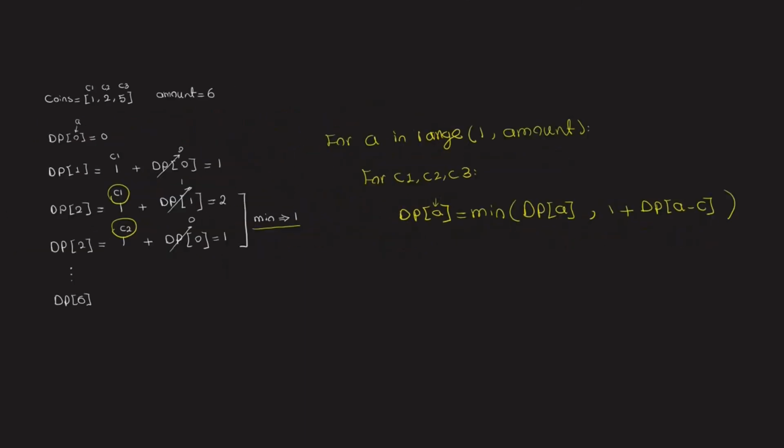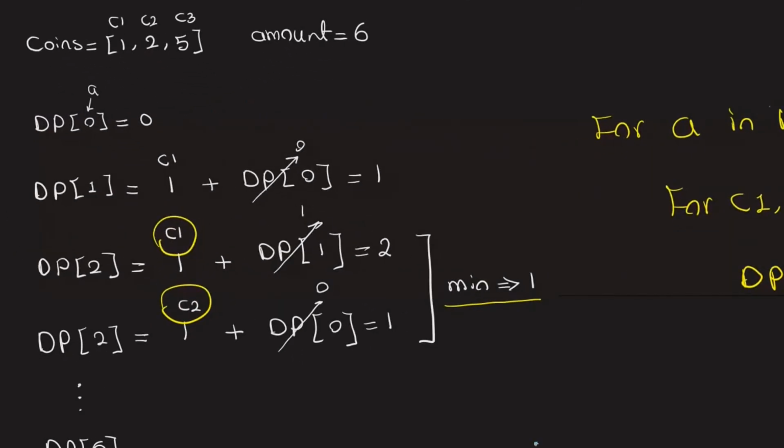The last thing that we should also consider is that, for example, for amount 1, we saw that we only used one coin because we can't use C2 or C3. The values are too high for this amount. Or for amount 2, we only used C1 and C2. We never used C3 because the amount was greater than the desired target.